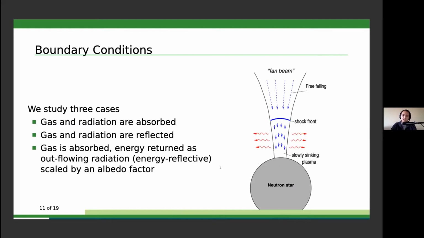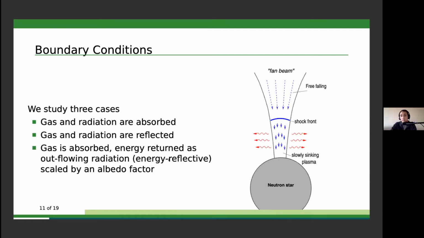The last is to say, okay, let's say that there are some radiative processes that we can't really account for that happen when the gas hits the surface of the star. And maybe this produces more radiation than we can produce from the code itself. Or maybe there's some energy that's being pumped into the star that doesn't actually get returned to the simulation.